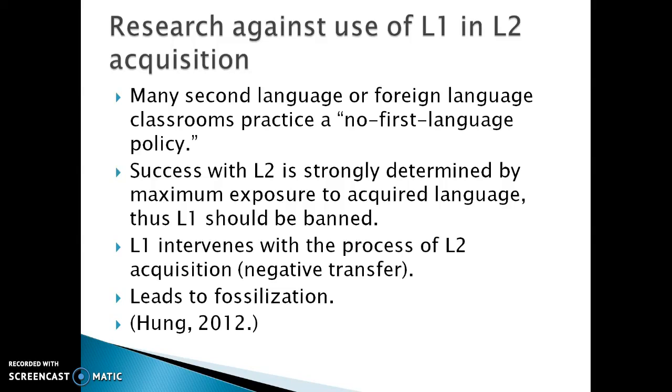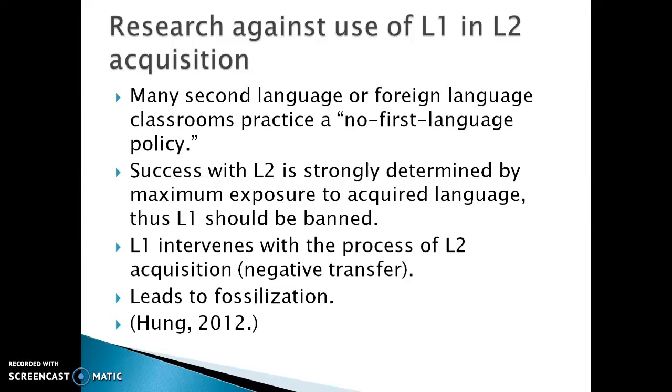This is referred to as negative transfer. This negative transfer is a result of the learner becoming dependent on the L1. The result is the learner not even trying to understand meaning from context and explanation, and the learner may not express themselves with their limited command of the targeted language.